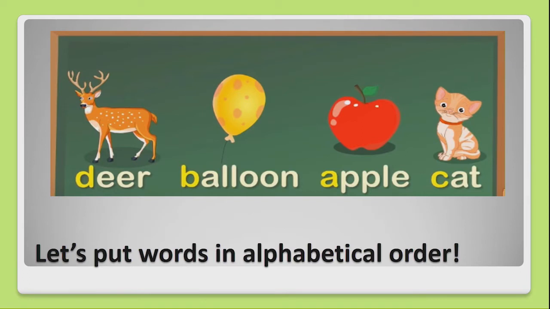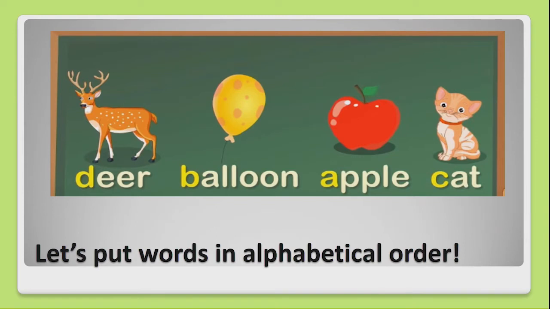Which word starts with the first letter of the alphabet? It's A, apple. What's the next word with the second letter, B? It's balloon. Which word is next? It's C, cat. And the last one is D, deer.